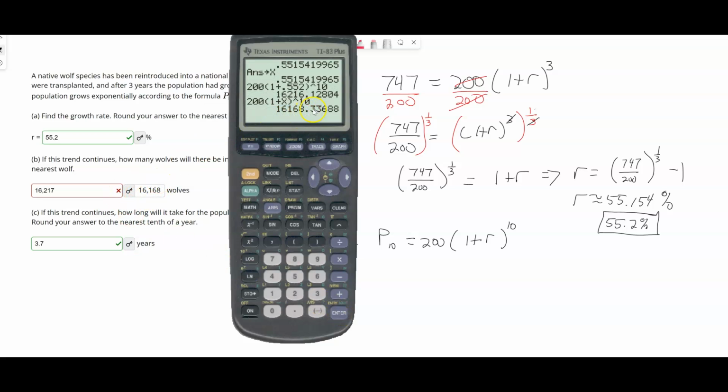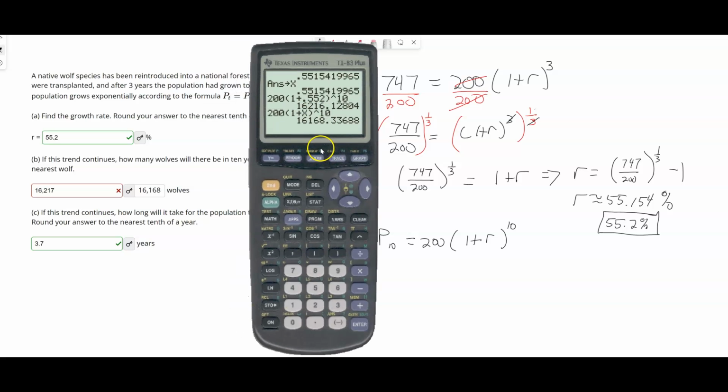Rounded to the nearest wolf, that would round down to 16,168 wolves. It is so important for you not to use a rounded answer to compute another answer. Don't make a mistake and then compound it in finding something else, because your mistake gets worse. So get the exact answer. I have it on the top of the calculator.